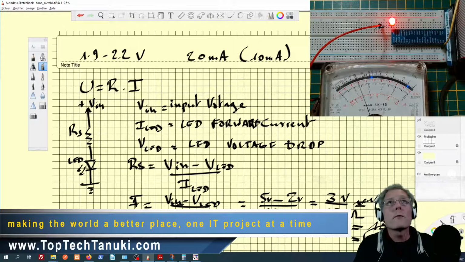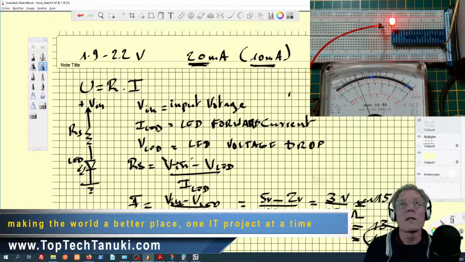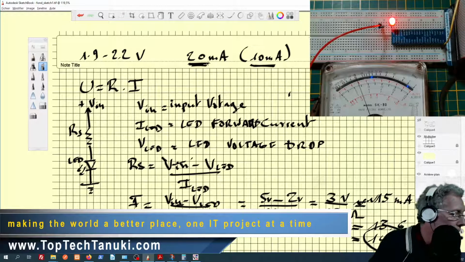So most important is that 14 is of course above the recommended current. The recommended current was 10, but it's below the maximum of 20. So it is a little bit bright, but it's okay.